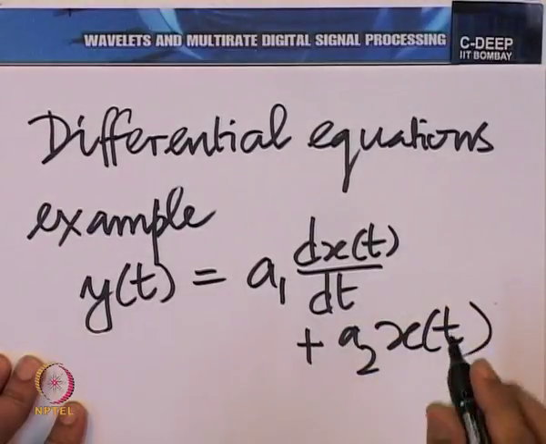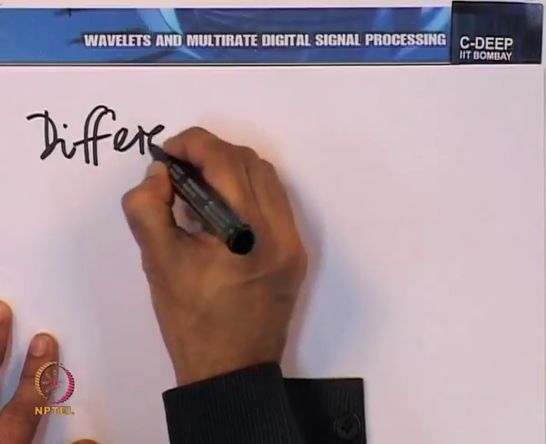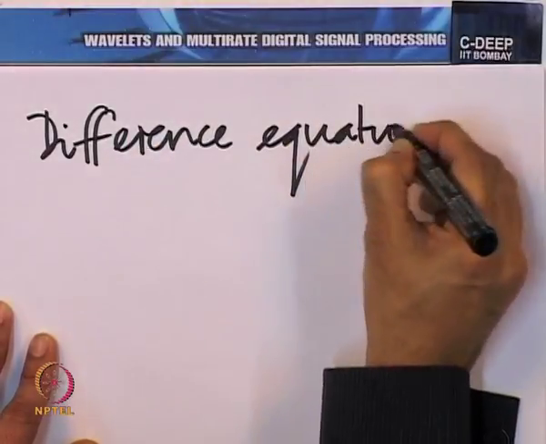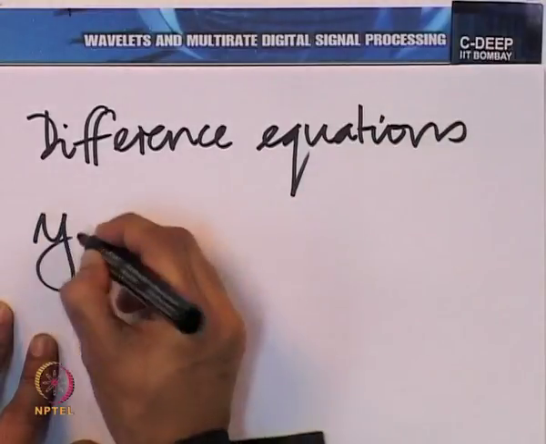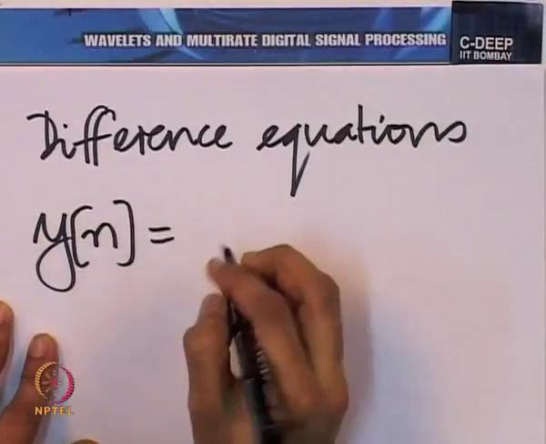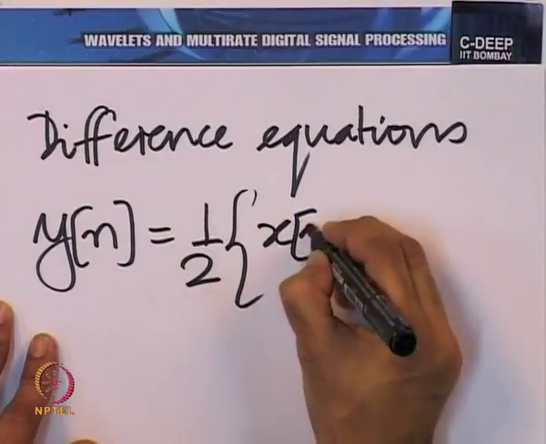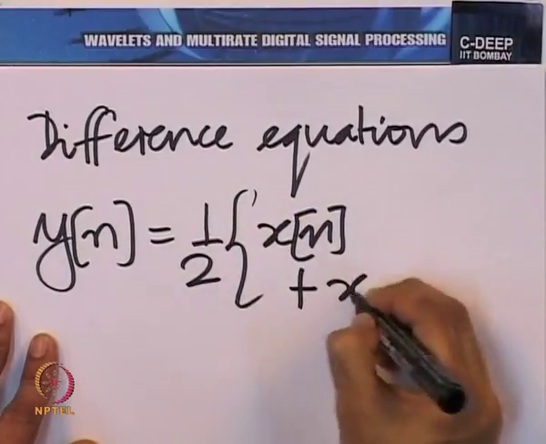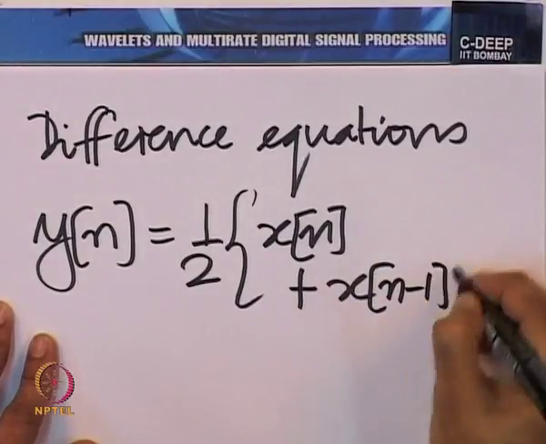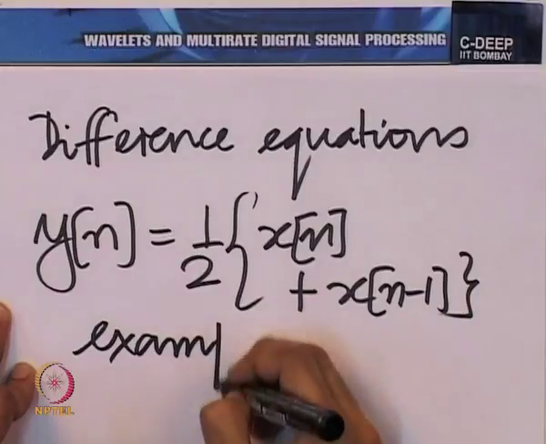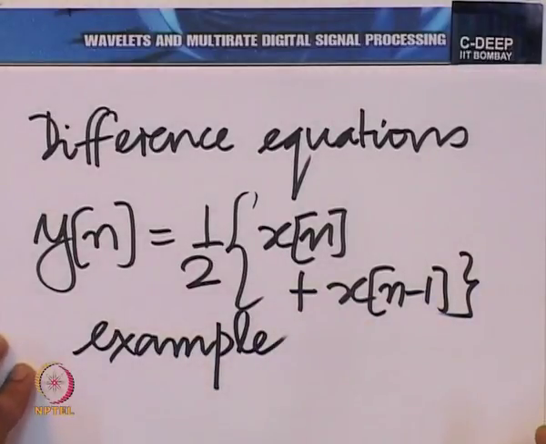It is a differential equation. We have difference equations. For example, y of n is half x of n plus x of n minus 1 is an example of a difference equation, which describes a discrete system.